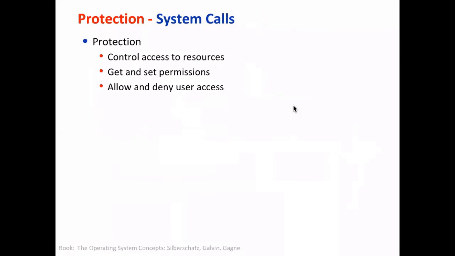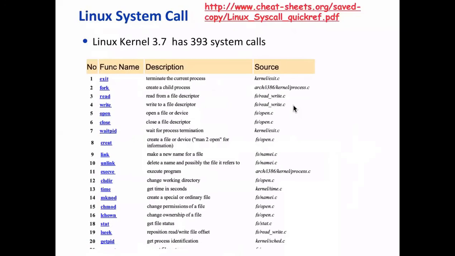Similarly, for protection we need system calls. If you want to see the system calls for Linux kernel 3.7, which has 393 system calls, go to this link and you can find out what they are. I have shown just the first page of that.